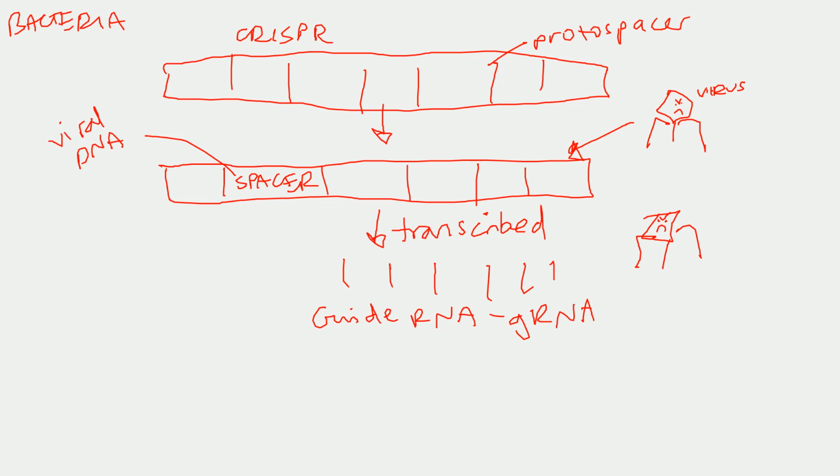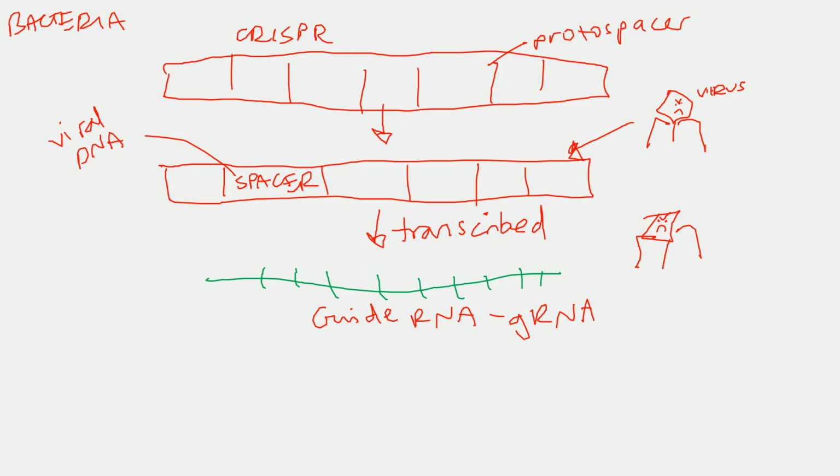I might make this a different color. This is our transcribed sequence with the viral DNA inside, and it's called guide RNA. It's called this because it guides, and we're going to see how it does that in a second.